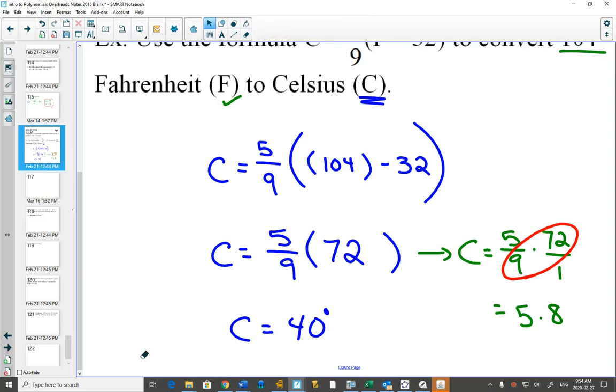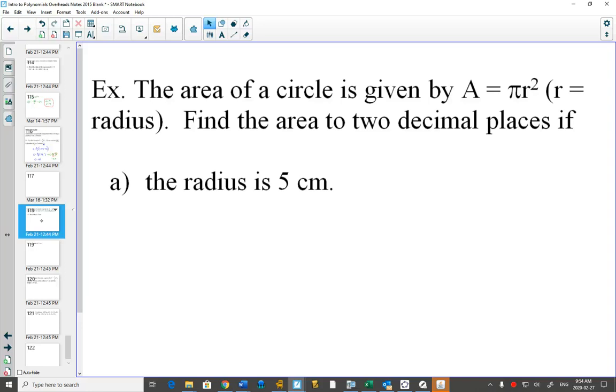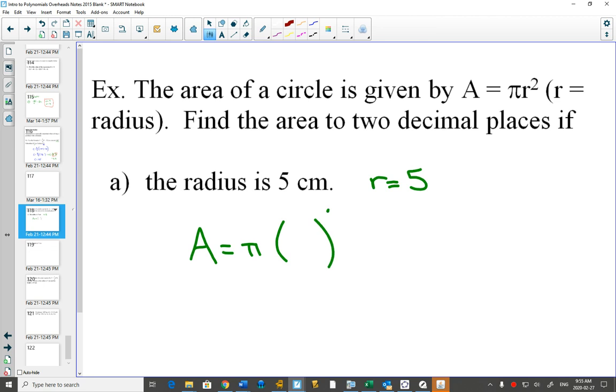Our next example with a formula. This formula is on your formula sheet. The area of a circle is pi r squared. Find the area to 2 decimal places if the radius is 5. So if they tell us the radius is 5, we know that r is equal to 5. And we can use substitution. And where the r is, plug in a 5.